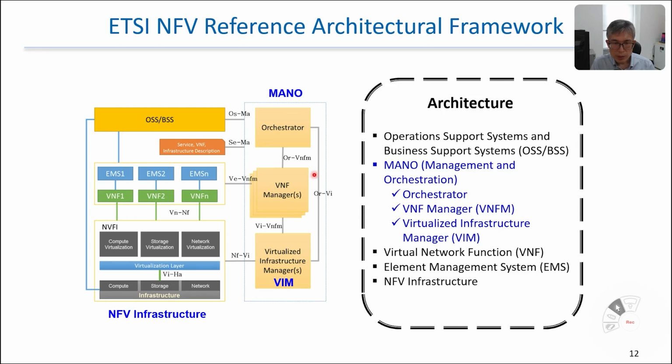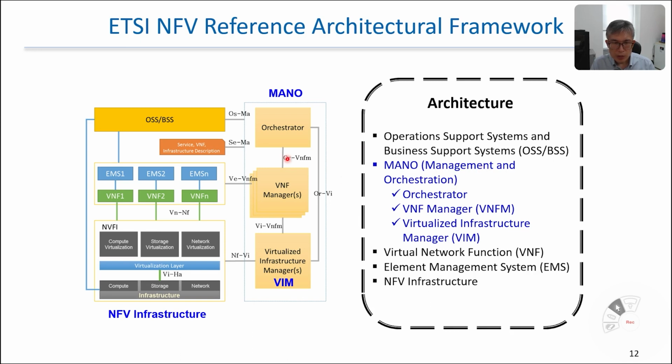On the left-hand side, it shows the NFV reference architectural framework. It consists of two parts. This is the NFV infrastructure, the NFV framework, and on the right-hand side is a kind of controller or brain of NFV. It is called MANO. MANO stands for management and orchestration.